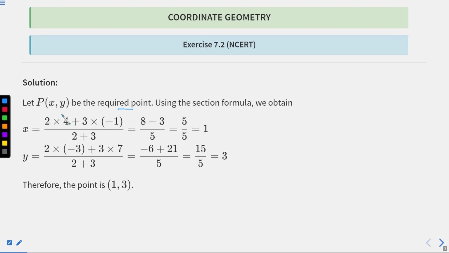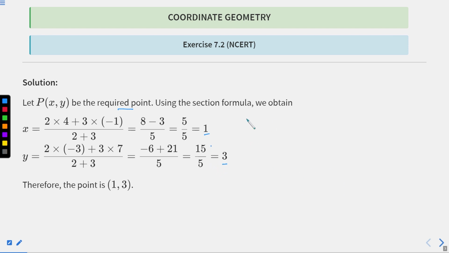If we calculate it, this is equal to 8 minus 3 divided by 5, which is 5 by 5, which is equal to 1. Now the value of y is equal to 2 into minus 3 plus 3 into 7 divided by 2 plus 3, which is minus 6 plus 21 by 5, which is 15 by 5, that is equal to 3.